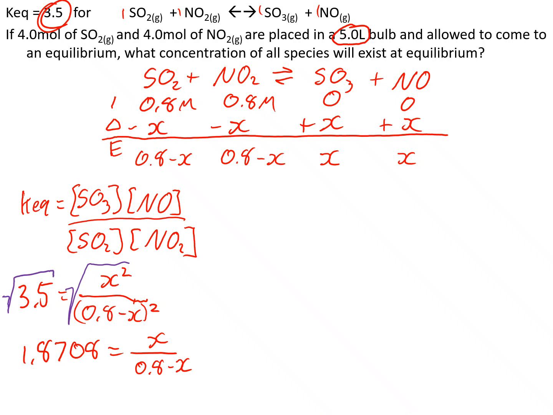So I go 0.8 times 1.87, and that's going to be 1.49666, and that's going to be minus 1.8708x, that equals x.